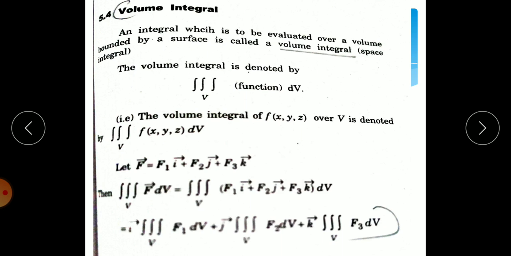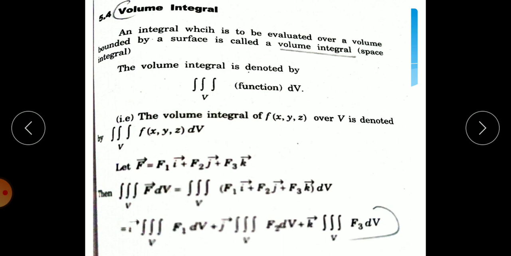So it is just like a container. It has a capacity, so that is called the volume. How much space it occupies, that is called the volume. So here we are going to see the integration in the volume, how the integral plays a role in the volume in space.